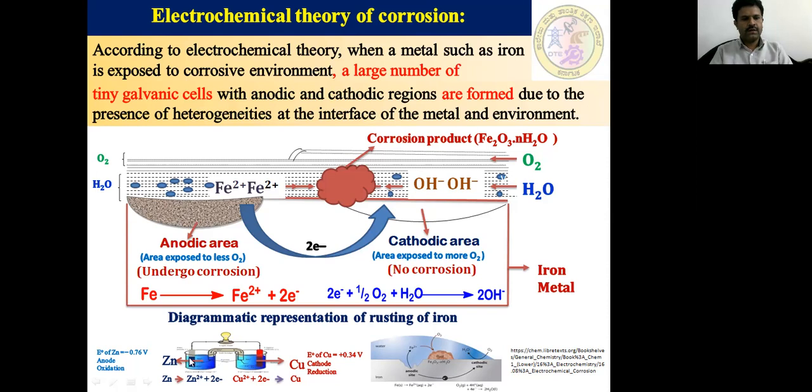Here zinc works as anode and copper works as cathode, depending on the standard electrode potential values of the metals. Zinc has the lower standard electrode potential, hence it works as anode, and copper with the higher standard reduction potential works as cathode. That is the formation of anode and cathode.